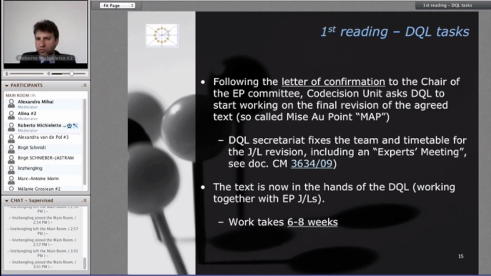During the lawyer linguist check, they check the text again, including all the translations. At this time we worked more or less in English, but at this stage, after the letter of confirmation, the lawyer linguists start to work on all the translations. They are lawyers who also have linguistic skills, and they check that all translations are perfectly equal to one another. They also have an expert meeting to check that in the end all the texts are exactly the same.